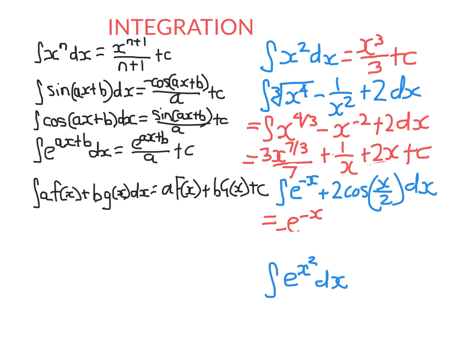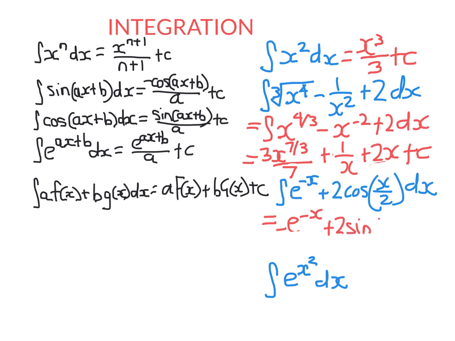So the integral of 2 cos of x on 2. Here we kind of have a being our half, because x over 2 is the same as a half. So the integral will be 2, I'll leave the 2 alone. I'm going to change the cos now to sine.